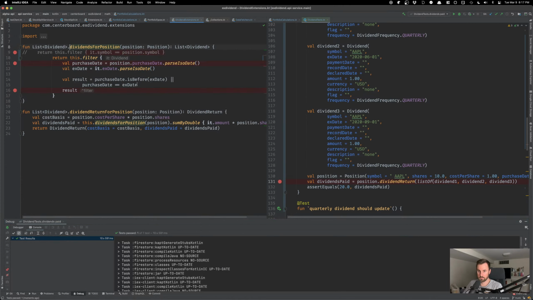Yeah. What? Filter things that match the predicate.